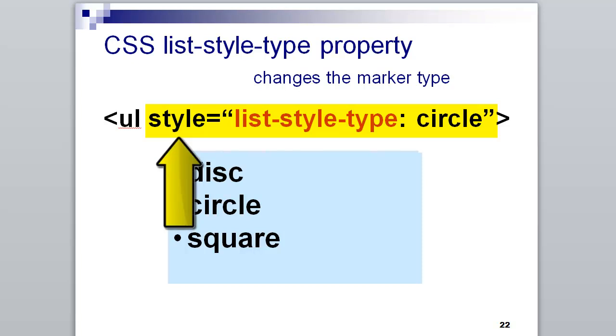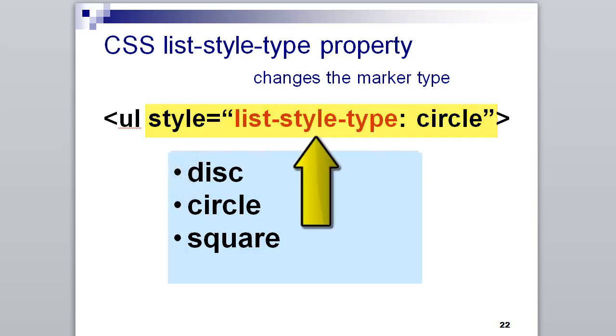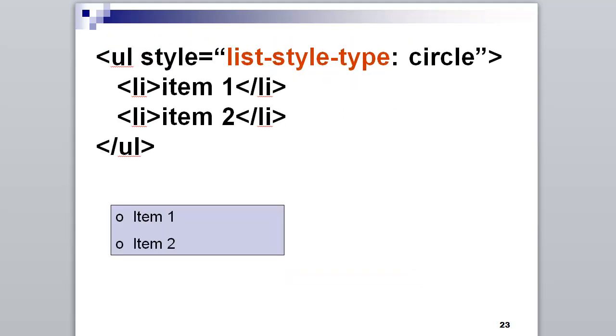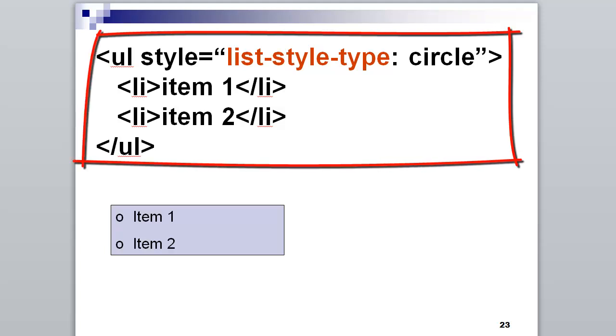So from the style attribute, we would call the list-style-type property, and we have 3 values that we can set that to: circle, disc, and square. So if we were to change the list-style-type property to circle, this is how this code would render in the browser.